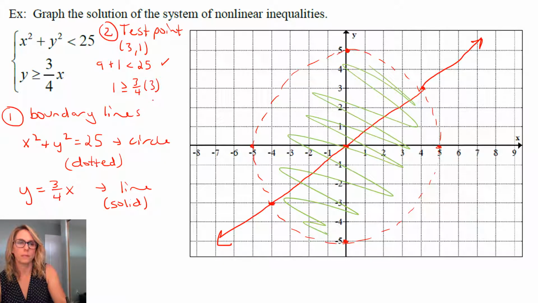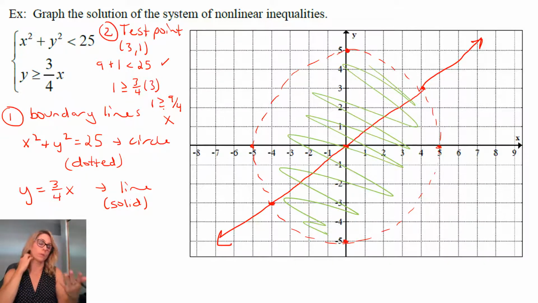That's is 1 greater than or equal to 9/4. It is not, because 9/4 is more than 1. So that tells us not to shade below, not to shade where we see 3, 1. We want to shade the other side.